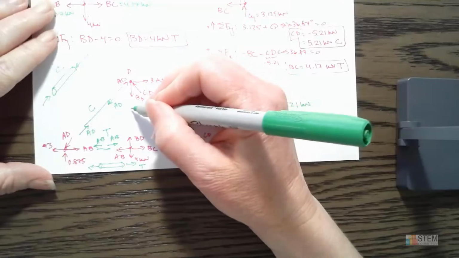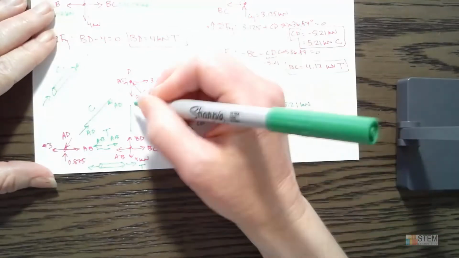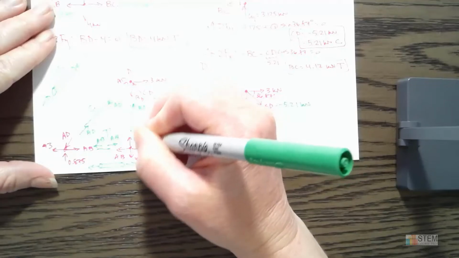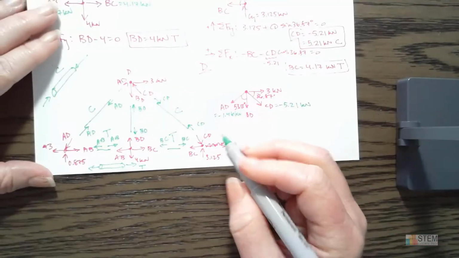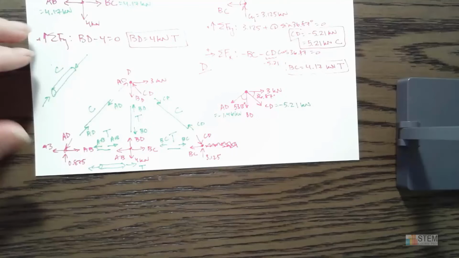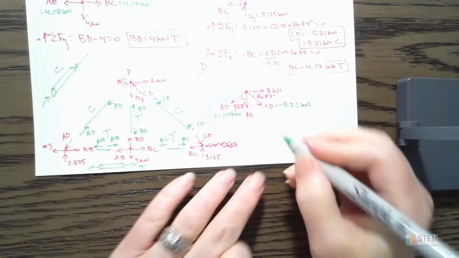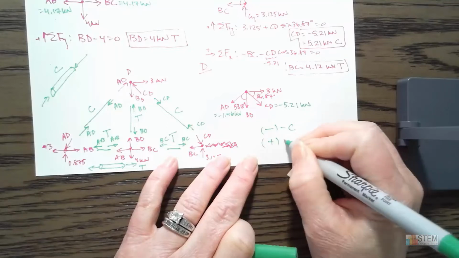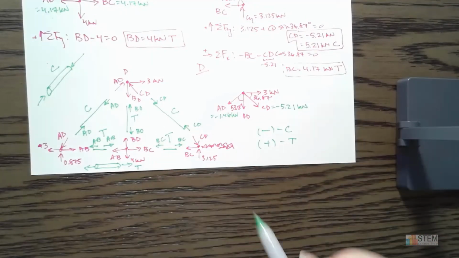All right, and you could do one here also if you wanted. All right, so that's BD and then BD to counteract those, right? So this one would be tension also. All right, so negative is compression, plus is tension, as long as you draw your forces going out of the joint.